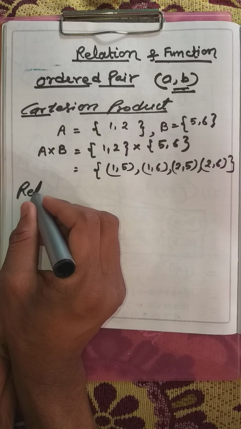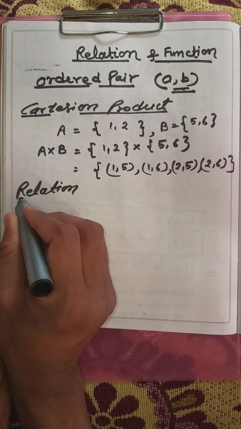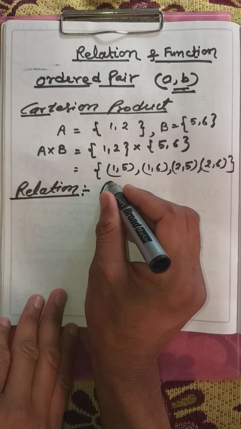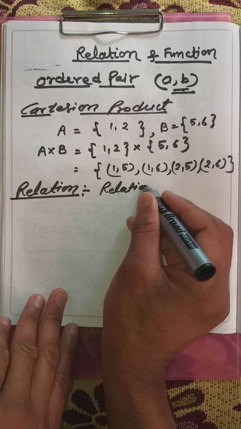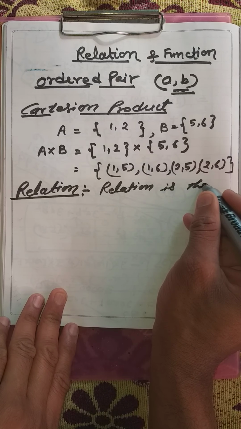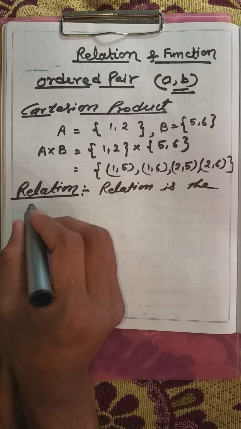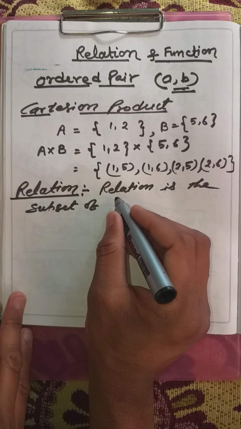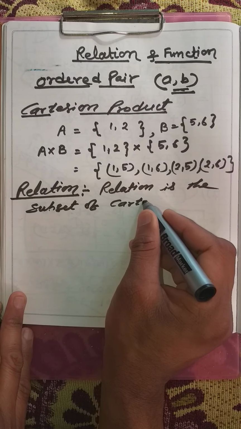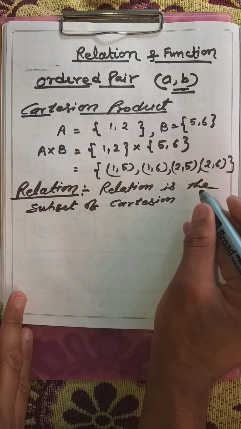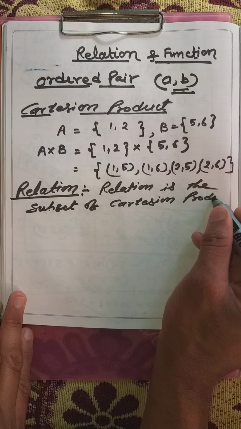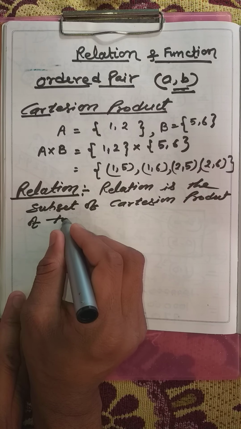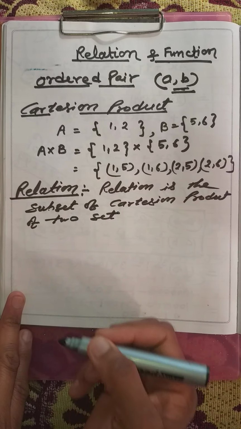Relation is a subset of the Cartesian product of two sets.